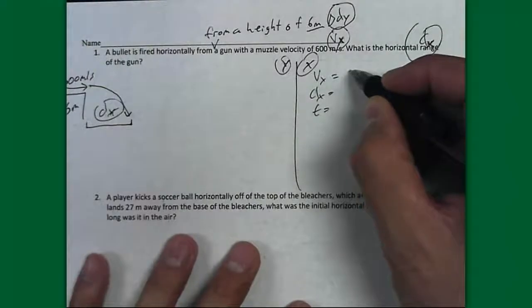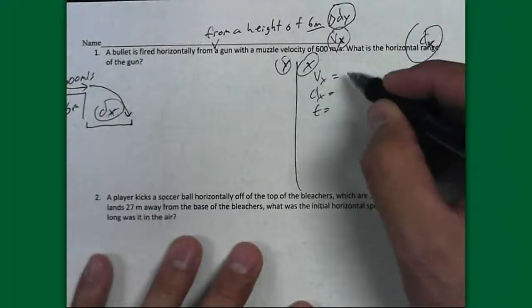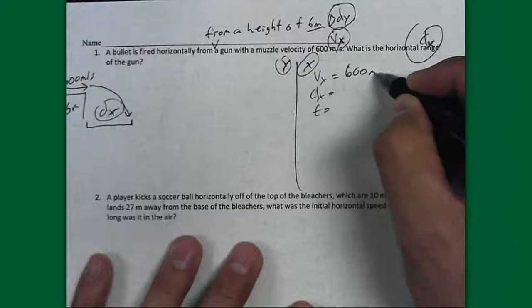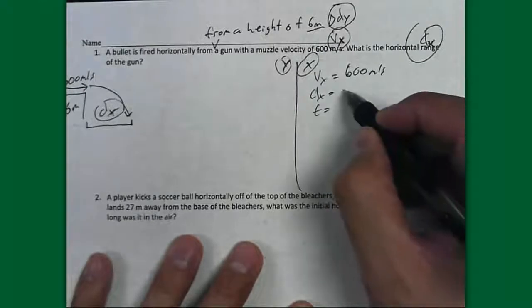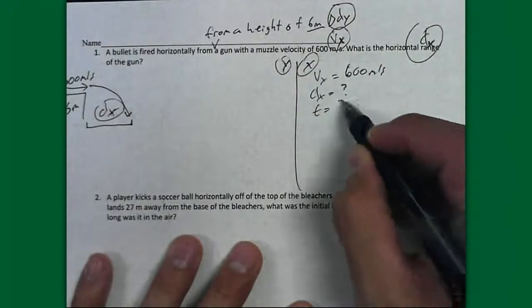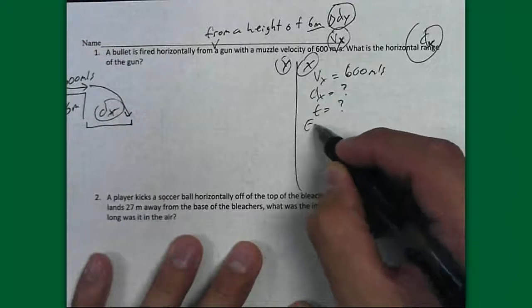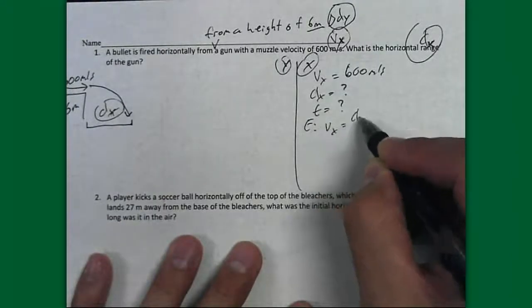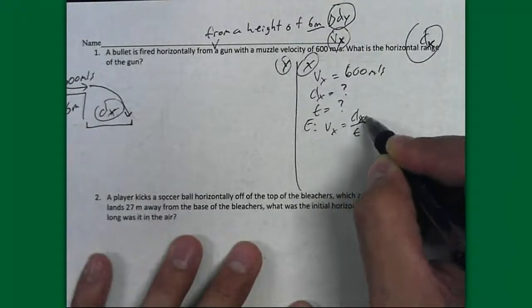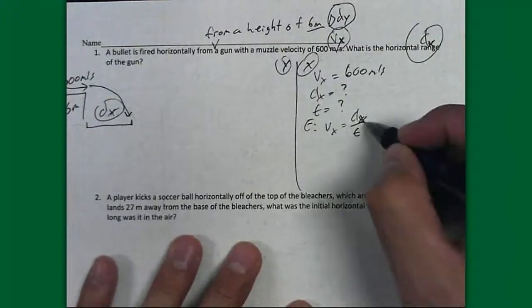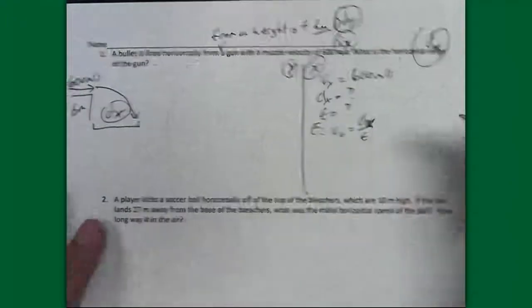My velocity in the x direction, I've already said, was 600 meters per second. Distance in the x, I don't know, and I don't know time as well. I know my equation is going to be Vx equals dx over t because there can never be any acceleration in the x direction. But I can't solve that yet because I have two unknowns.